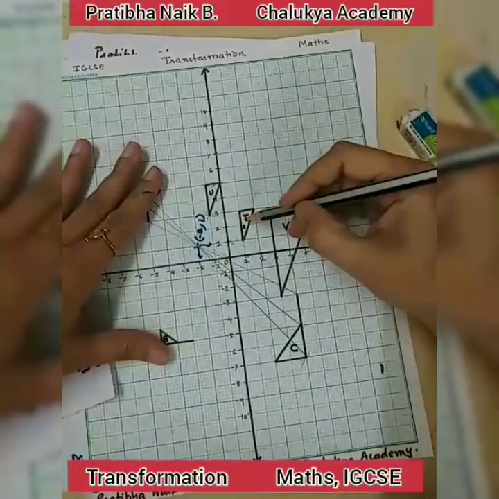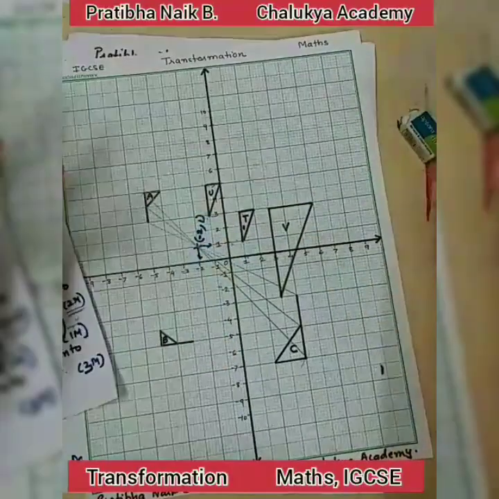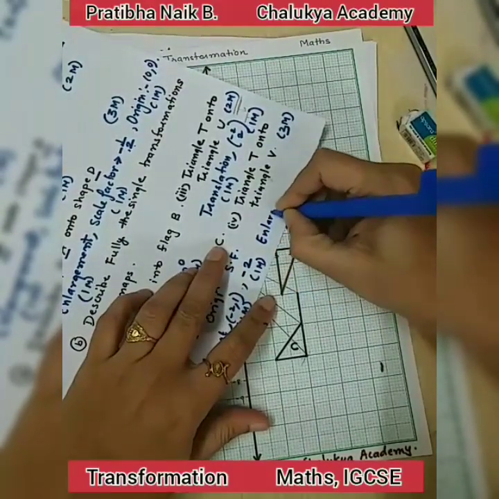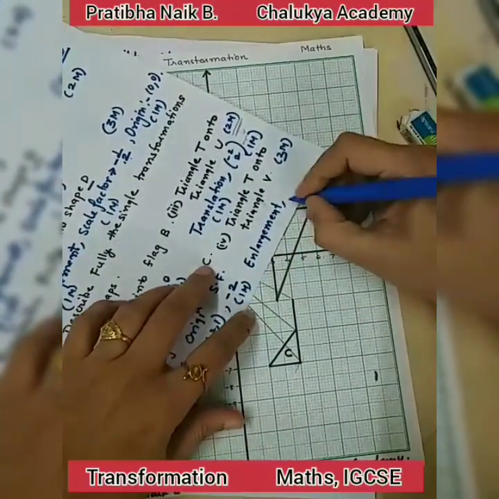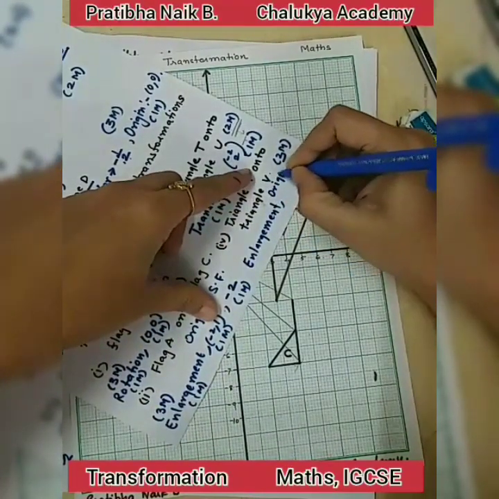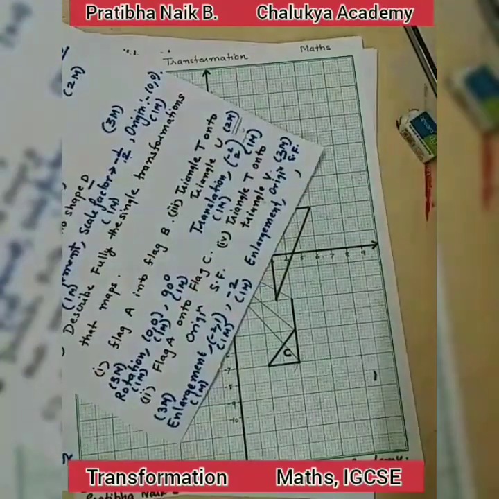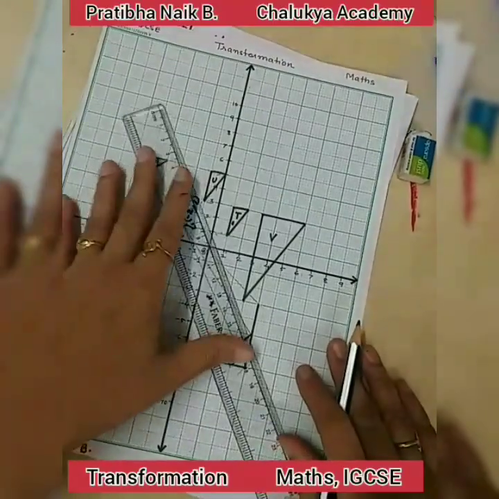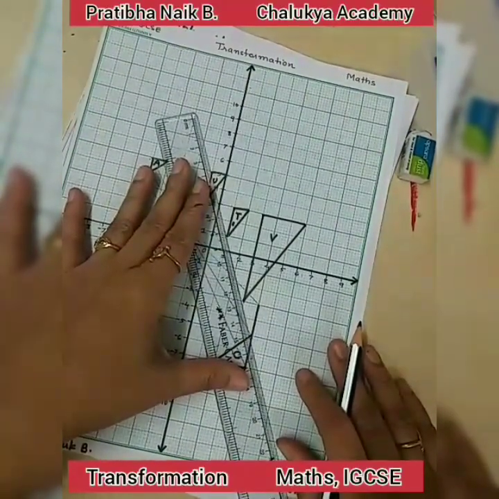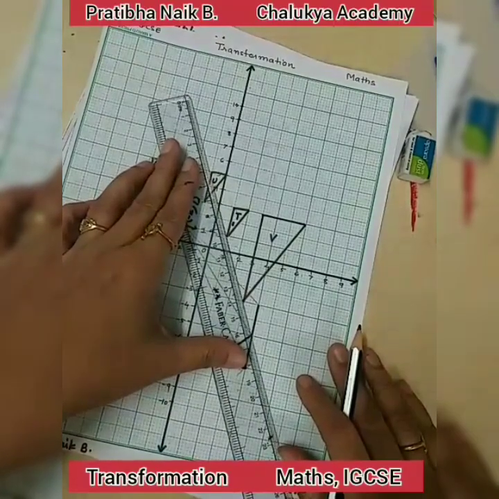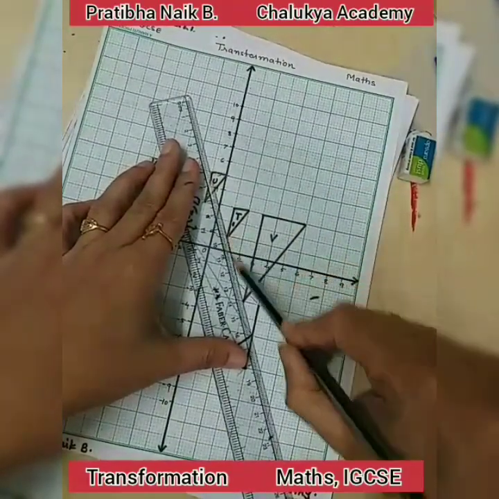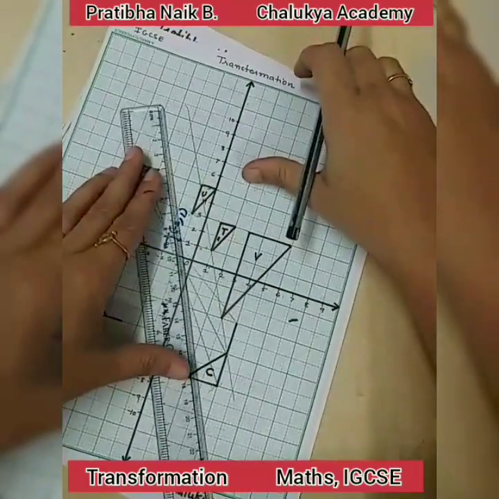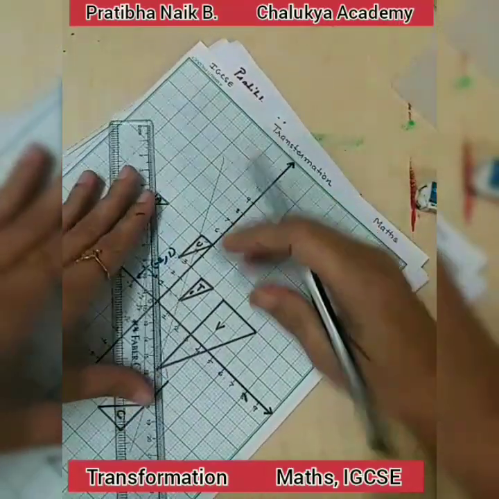Now from T to V, you can easily make out that this is the enlargement. So here we can write enlargement. Again, for an enlargement we need to know the origin and we need to know the scale factor. As we discussed, we will draw the lines which move through the corresponding sides, because we need to know the centre.